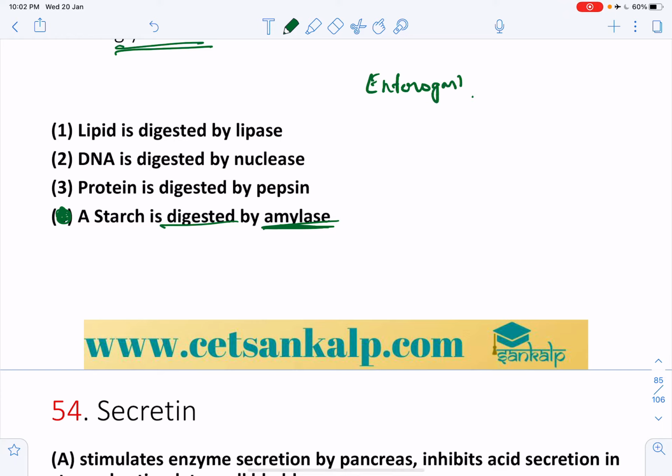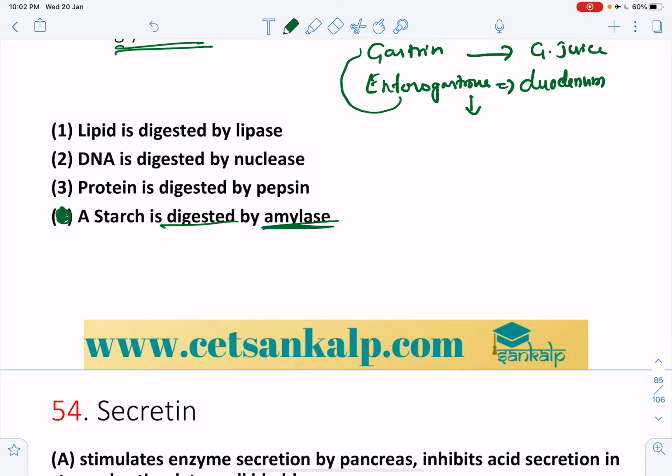Whereas enterogastrone is produced by the duodenum. Gastrin helps in the production of gastric juice, right? Against that gastrin, enterogastrone acts and inhibits, so that it reduces the secretion of gastric juice.